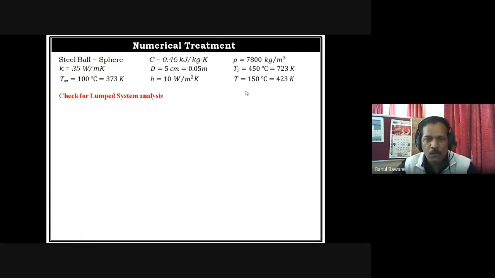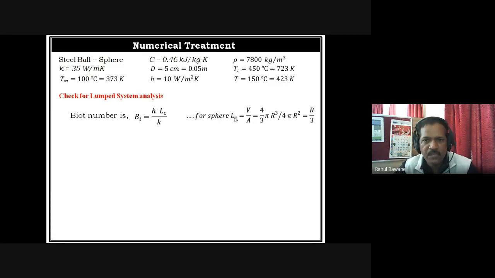Now, whenever we have such a problem regarding our third unit, we must check whether this is applicable for lumped heat system or for regular formulas. So check for lumped system analysis. Biot number is h Lc upon k, where for a sphere, what is the characteristic length? Volume upon surface area.